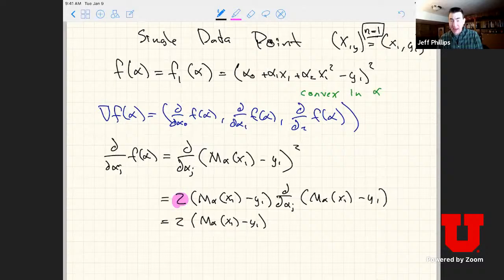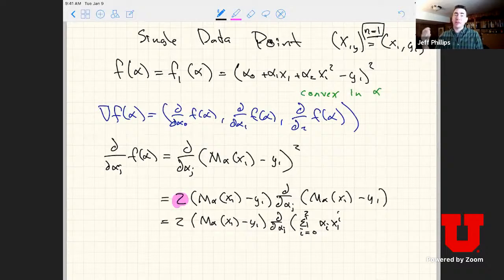Okay, so now I can do this 2 m alpha x1 minus y1, and we need to take this derivative. Now I'm going to expand out this model. I can write out this model as the sum over i from 0 up to 2 of alpha i x1 to the power i.